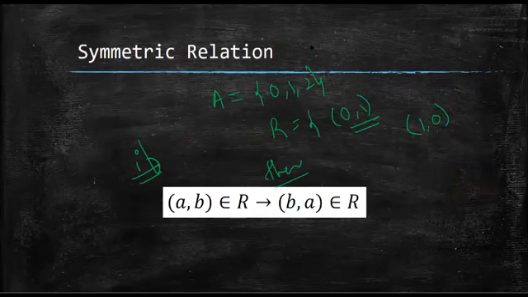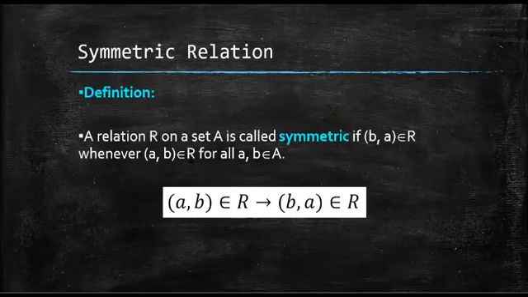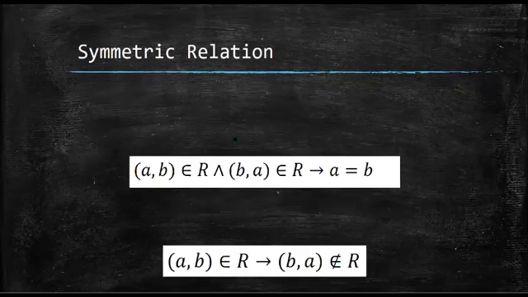Along with that, we also have antisymmetric and asymmetric, which are similar properties to symmetric relations. So we will see the following. A relation R on a set A is called symmetric if B comma A belongs to R whenever A comma B belongs to R. Both A and B are in the set A. Now let's see antisymmetric.